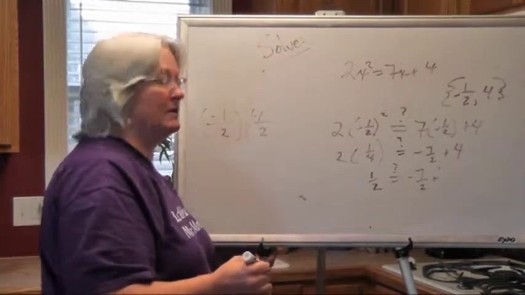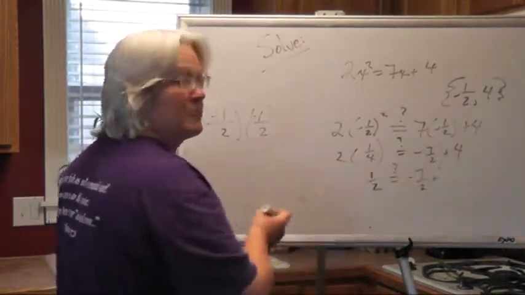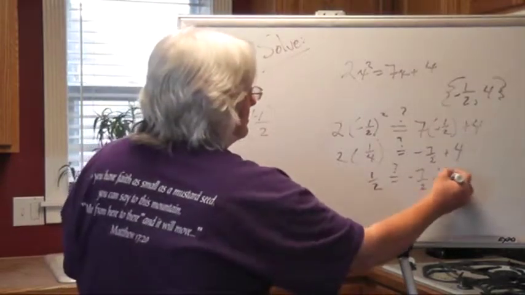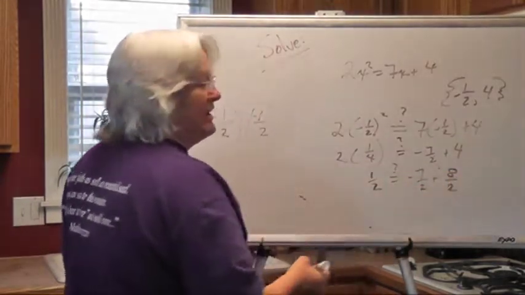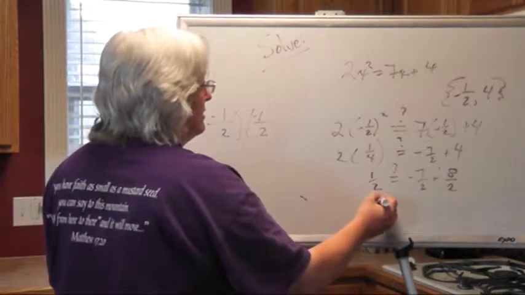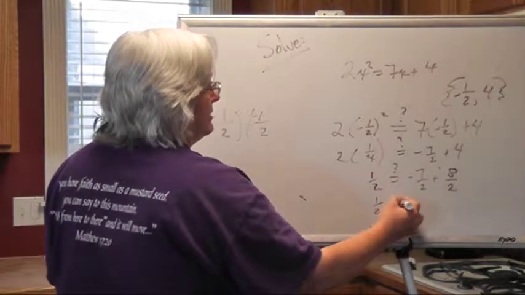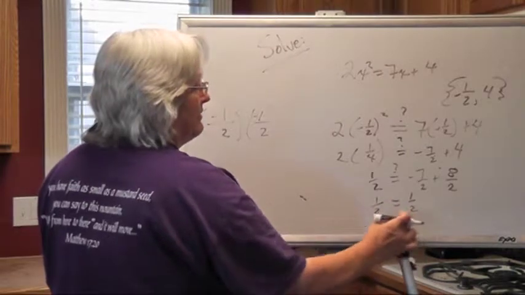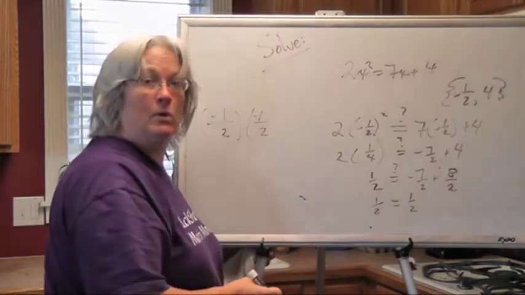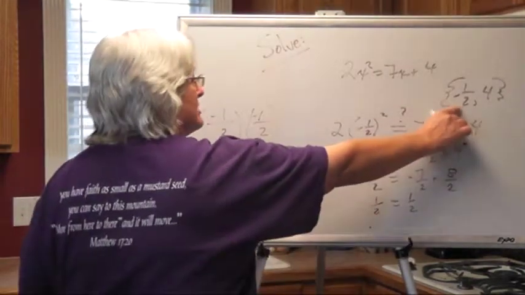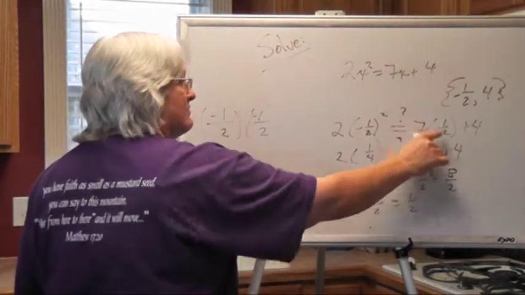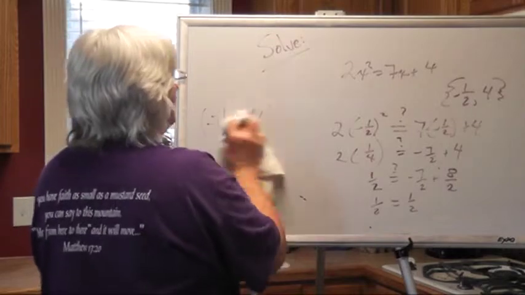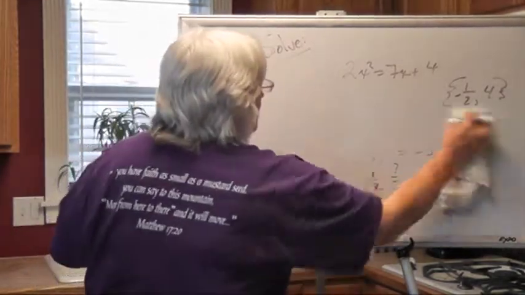Is that equal to a negative 7/2 plus 4? How do you write 4 as an expression over 2? Well, that's 8/2. Negative 7 plus 8 is 1/2. So even though what I have here says 1/2 is equal to 1/2, the solution is negative 1/2 because that's the value that we plugged in for the variable. So yes, our first solution works.